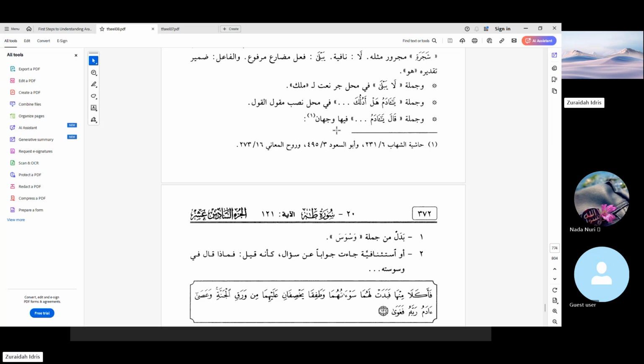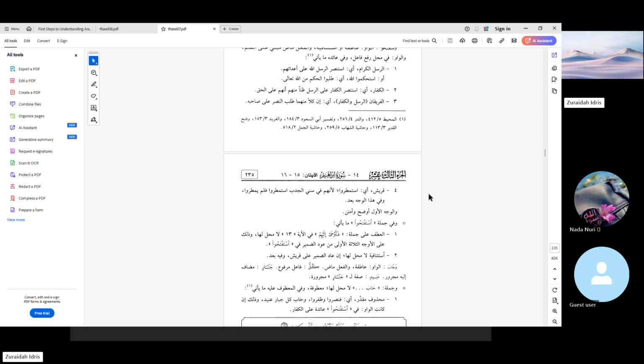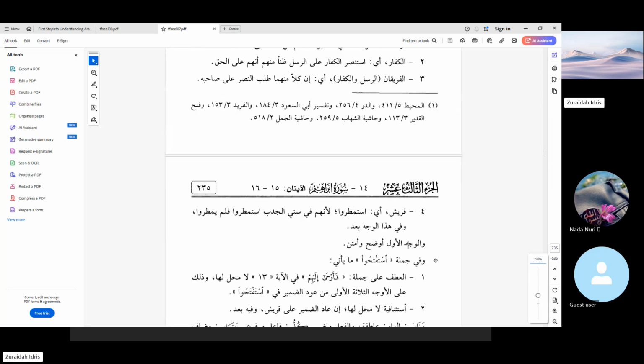There are two wajahan, two images, something like that. One is badal and the other one is normal istiqnafiyah. So badalun min jumlah waswasa, this one I could find. But for the sifah one, remember the one with the jabbarun? I could not find that.